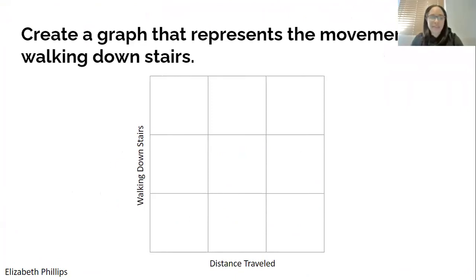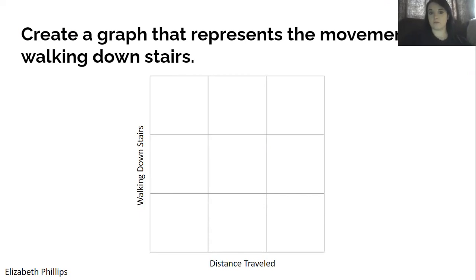So Elizabeth, can you create a graph that represents the movement of walking downstairs? Yes, ma'am. If you'll notice, on our x-axis we have distance traveled, and on our y-axis we have walking downstairs. With every step you walk, you walk flat straight across the step before you dip down to your next step.